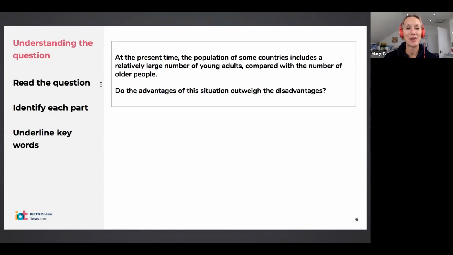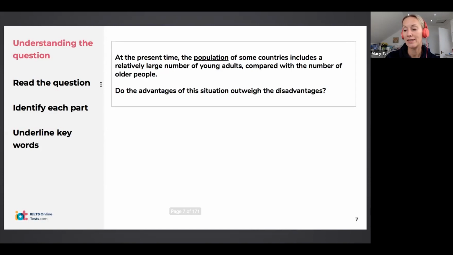So going back to the question, as I said before, I'm not sure anybody heard, but you need to read the question, identify each part, and then underline the keywords. And obviously this is the same process for every question in IELTS. So first of all, if you could tell me what you think the keywords are in this question. So can anyone give me the keywords?